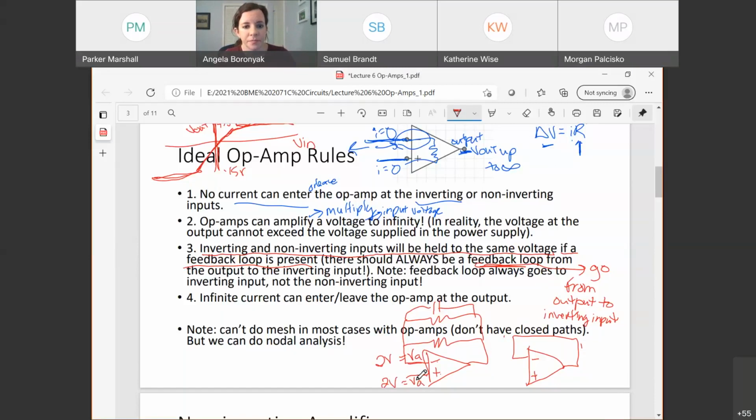Okay. Rule number 4, infinite current can enter or leave my op amp at the output. So again, my output is the one that doesn't get a negative or a positive sign. And while I have no current going into my inputs, that was rule 1, I can have current leave here.